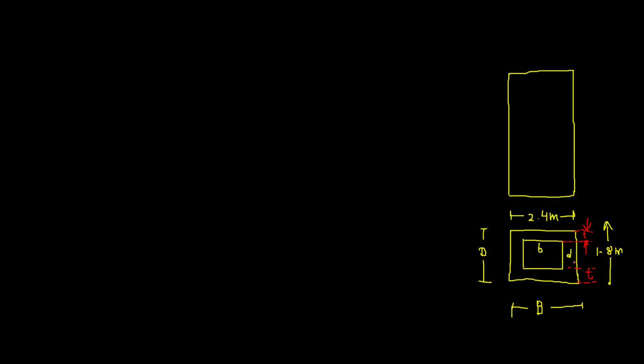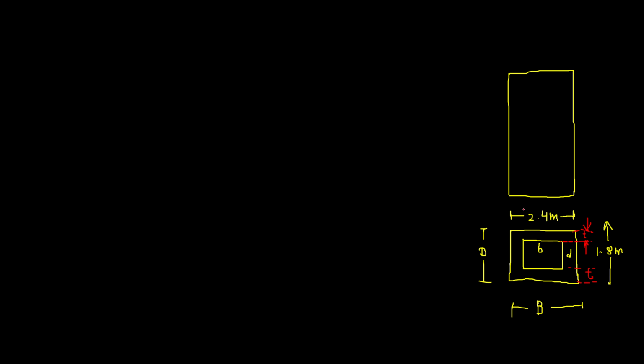Okay, now what is the location of load? It is said it carries a vertical load of 500 kilonewton at an eccentricity of 30 mm from the geometric axis bisecting the longer side.